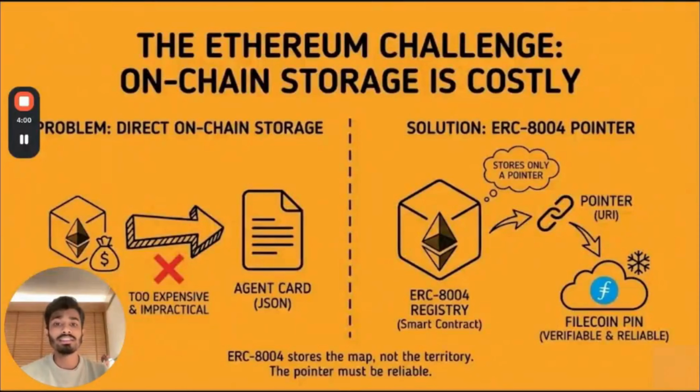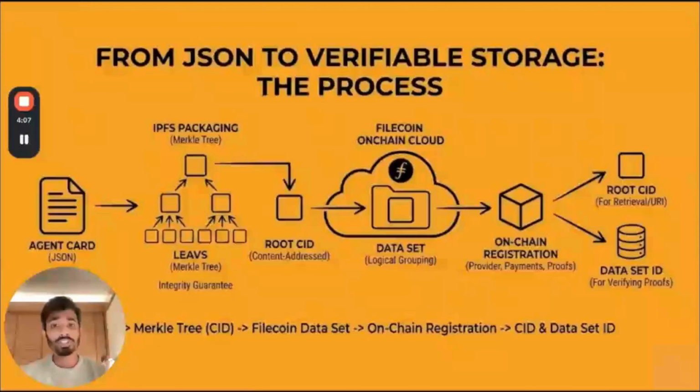So when you run the upload command, a few things happen in sequence. Your JSON file gets packed into a format that IPFS understands. The system builds what's called a binary Merkle tree from your content, basically taking every 32-byte chunk of your data, treating each as a leaf node, and hashing up to a single root value.